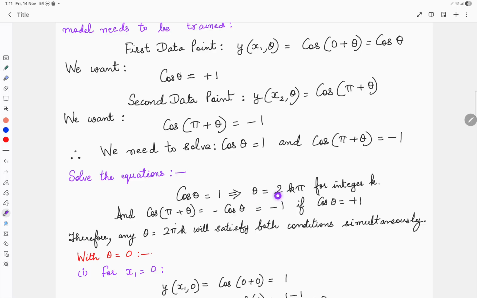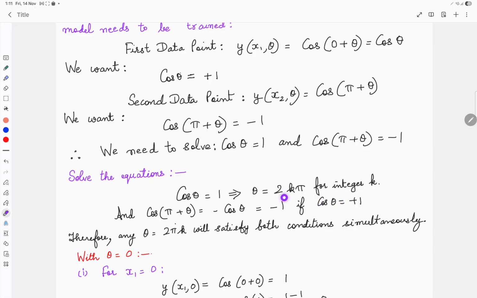Any value defined by 2k pi for integer k, and cos of pi plus theta is equal to minus cos of theta and is -1. So if cos theta is equal to +1, then cos of pi plus theta is minus cos theta, so if cos theta is 1, this cos of pi plus theta can be -1.